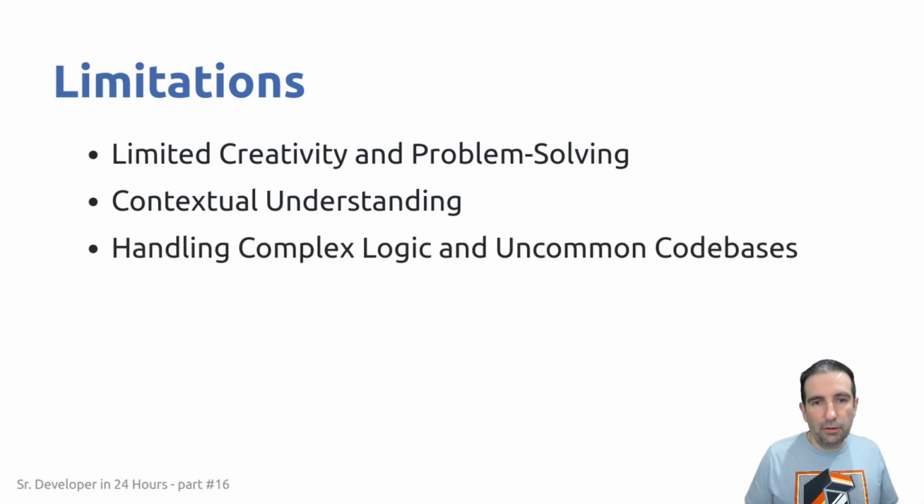It is also important to keep in mind that, again, because of the limitations of the tool, it might be unable to handle complex logic on common code bases. GenAI thrives on well-defined inputs and common programming patterns.